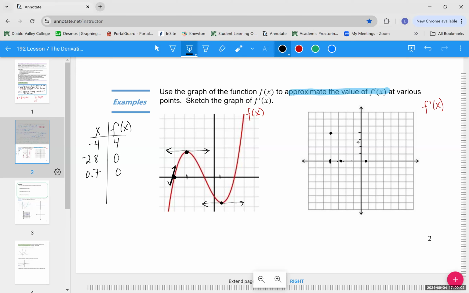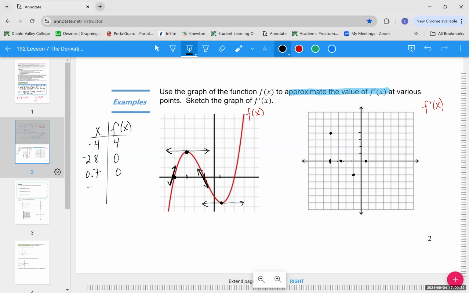So let's pick a couple more points, maybe somewhere in here, like at x equals -1. If we try to draw that tangent line in, it is downhill now, so its slope will be negative. It's not as steep as the one we had over here at -4. It's definitely less steep, and if I were to draw that line out, I'm going to approximate that to be like a slope of -2.